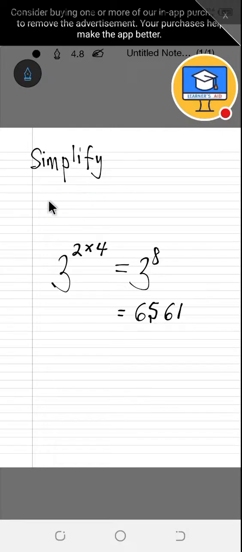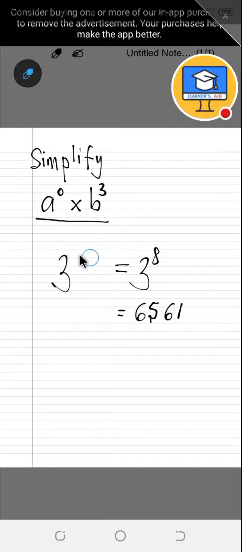Our next question to simplify is a to the power 0 times b to the power 3 divided by a to the power 2.